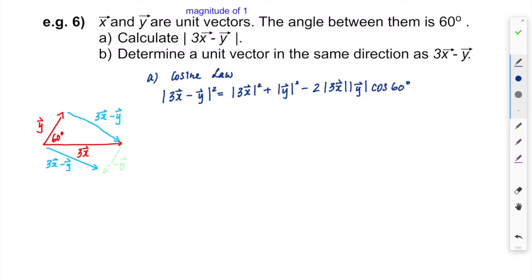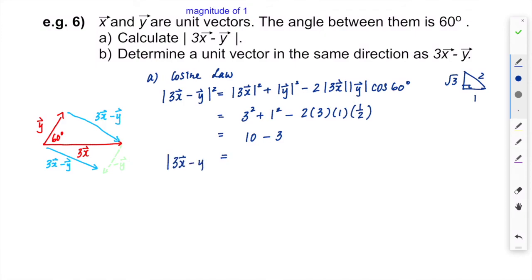So this is 3 squared plus 1 squared minus 2 times 3 times 1, cosine 60 is 1/2. All right. And so what have we got? 9, 10 minus, well, the 2 and 1/2 cancel, so minus 3. This is 7, so this is square root of 7 then for the magnitude itself.